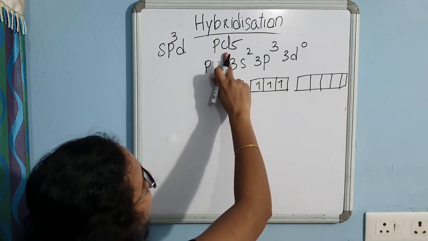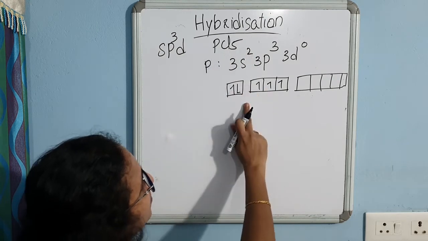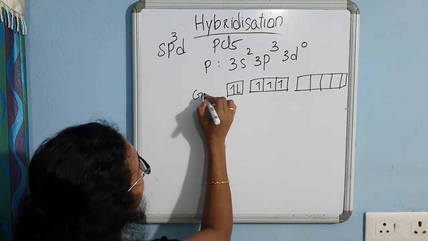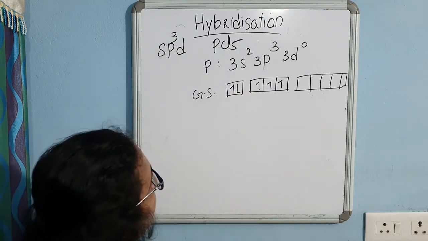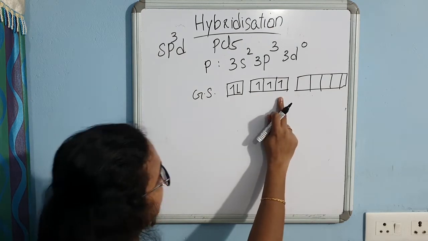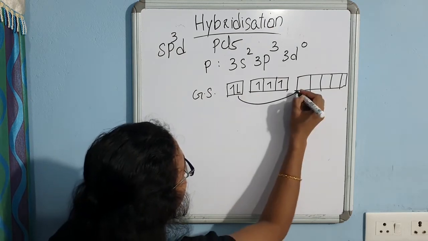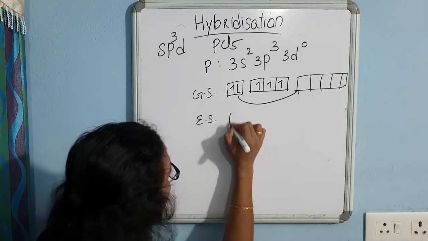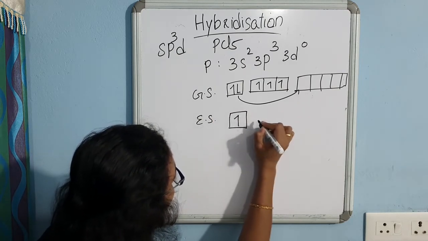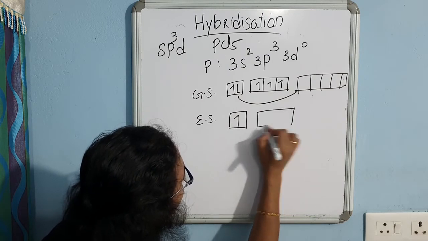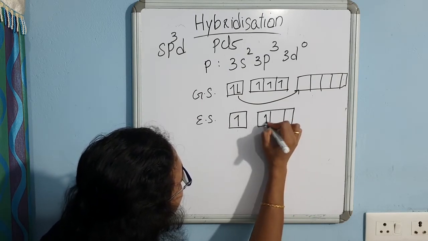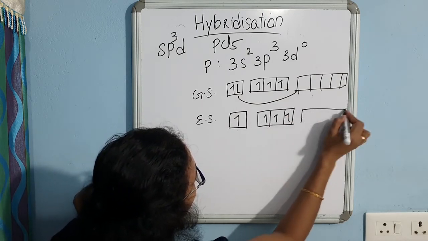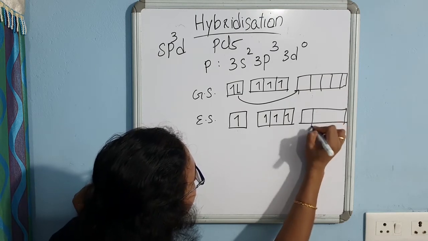In order to combine with 5 chlorine atoms, this phosphorus should make available 5 half-filled atomic orbitals, but here only 3 are there. So one of the s electrons gets promoted to the d, and the excited state configuration will be 3s1 3p3 and 3d1.